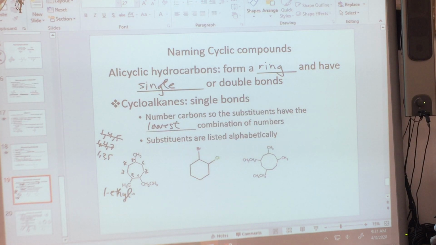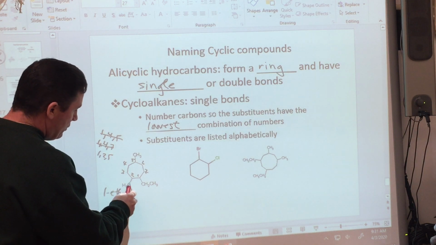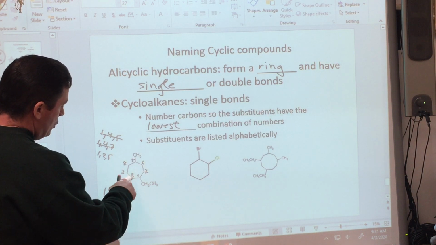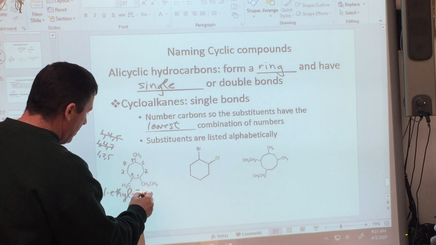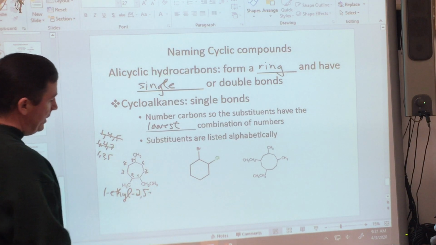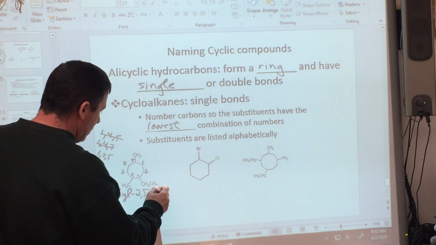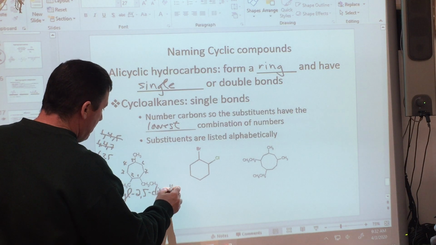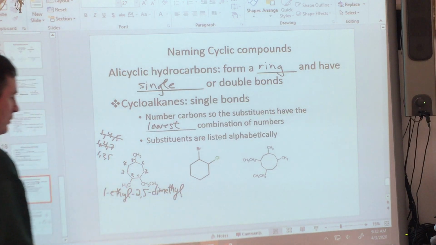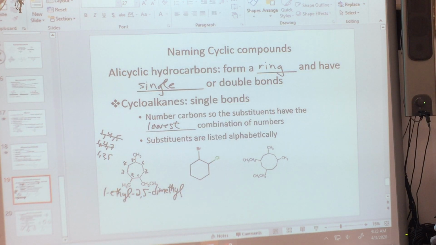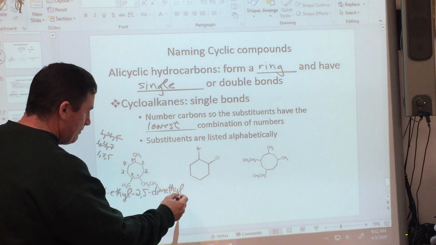Now I've got 2 methyl groups, CH3 and CH3. 2, 5. How many are there? 2. So I'm going to use di. What are they? Methyls. So 1 ethyl, 2, 5, dimethyl. Now I have to stick the word cyclo in there.